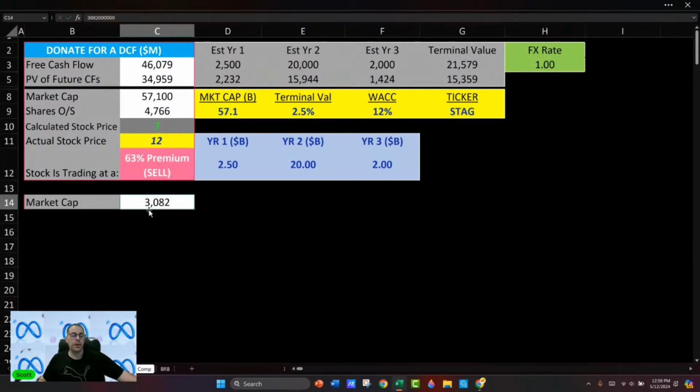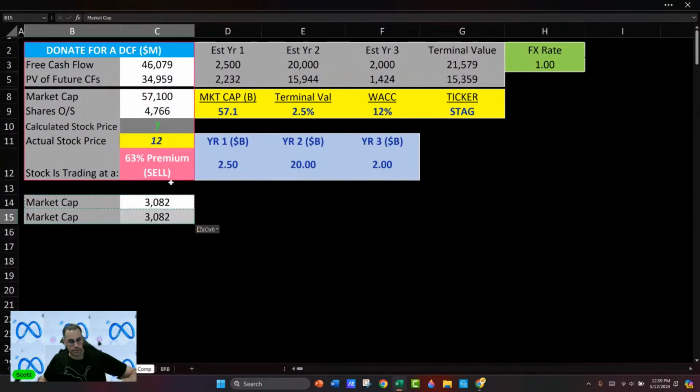So that's why it says 3,000, because 3,000 times a million is 3 trillion. So that's their market cap. And to get the shares outstanding, I just do a calculation. So we'll do a stock price.